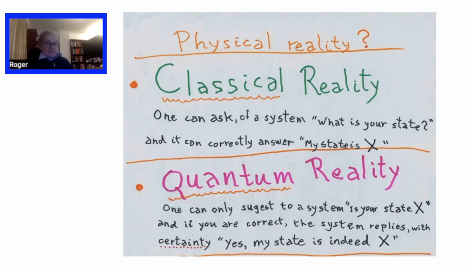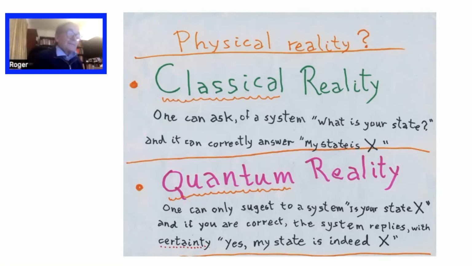Quantum reality, you can't do that. Like the spin half particle, it's a very good example of that. You can't say, hello state, what is your state? It doesn't answer that kind of question. You've got to have a clear state in mind. You say, is your state X by any chance? If you've got it right, then it will say, yes, my state is X, with certainty. So you repeat this experiment many, many times.